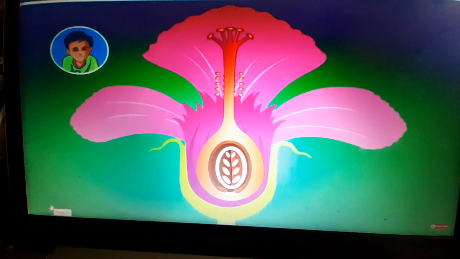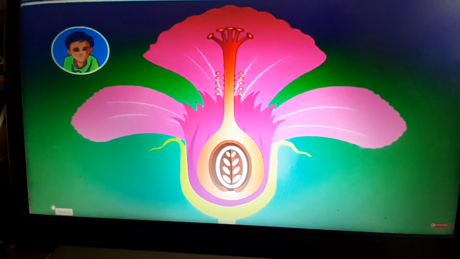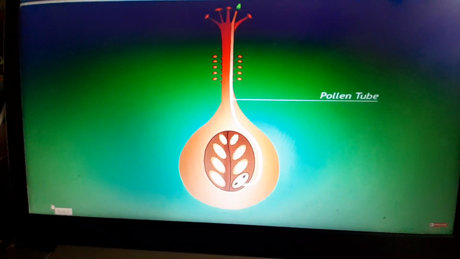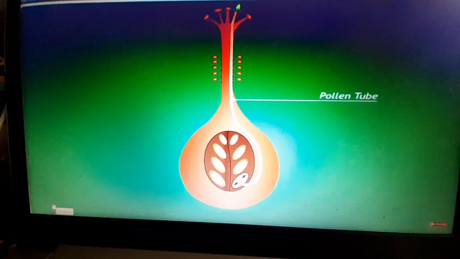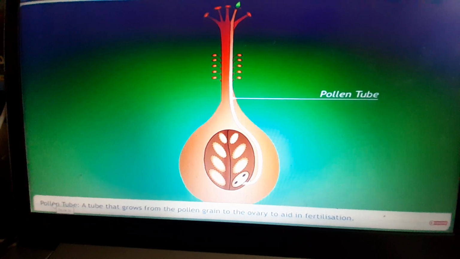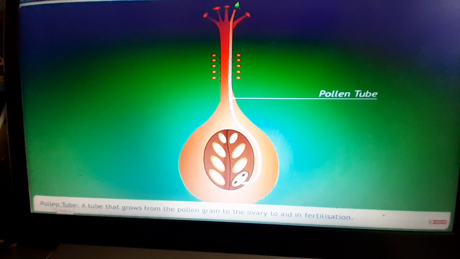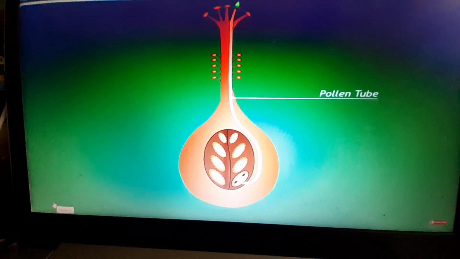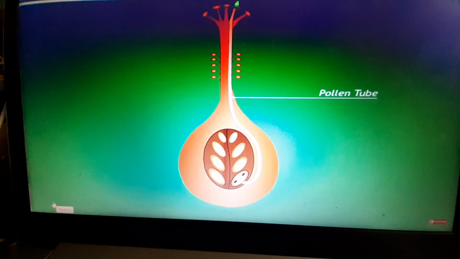So, do the pollen grains just fall through the style to reach the ovary? Not quite. To enable the pollen grains to reach the female germ cells, a tube grows out of the pollen grain and reaches the ovary. This tube is known as the pollen tube.